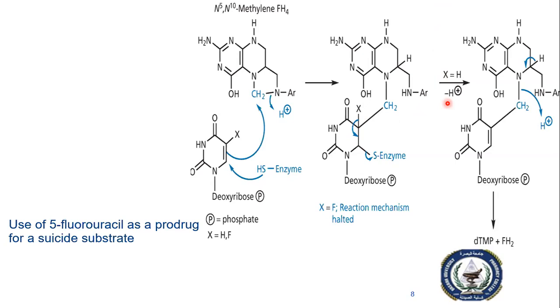But fluorine will not be lost as F+. That's why the reaction will stop at this step and will not go forward. So the enzyme will be stuck with the 5-fluorouracil, and it will not be regenerated to redo the reaction, and this will not form deoxythymidine monophosphate. That is why we call 5-fluorouracil a suicide substrate, because it's going to suicide for the cause.